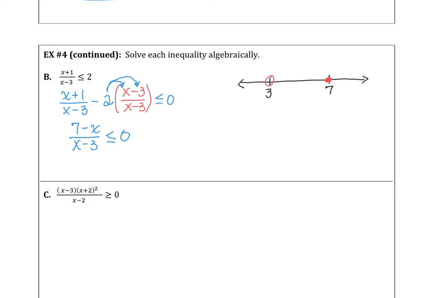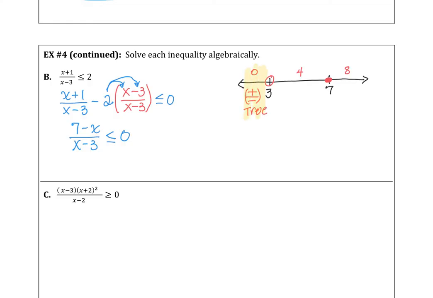And we want to test some numbers like 0, 4, and 8. If we test those numbers, 0 is going to give us a positive in the numerator divided by a negative. So this is all going to be a positive divided by a negative. This is going to be below the axis, so this is a true section in our solution set.